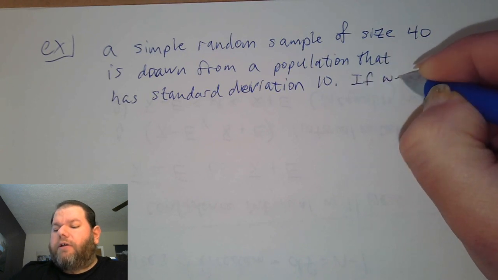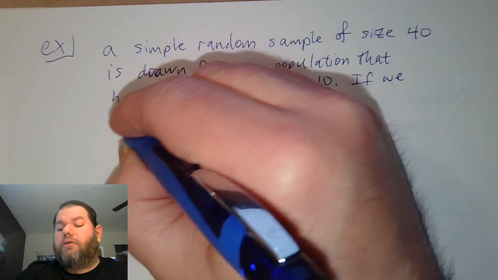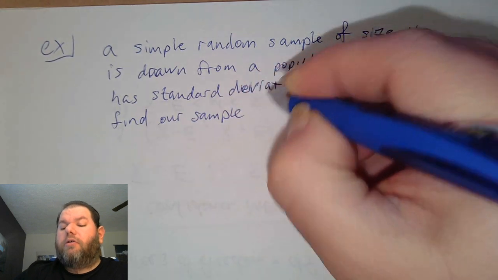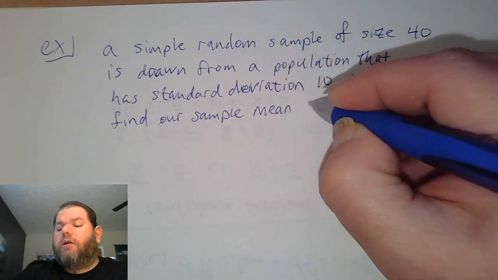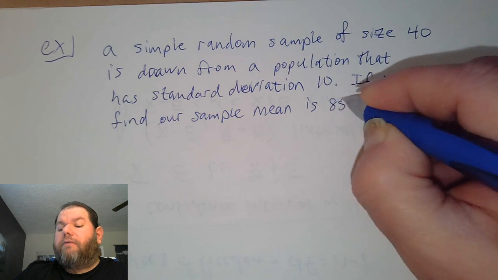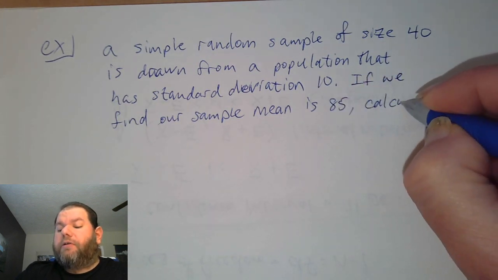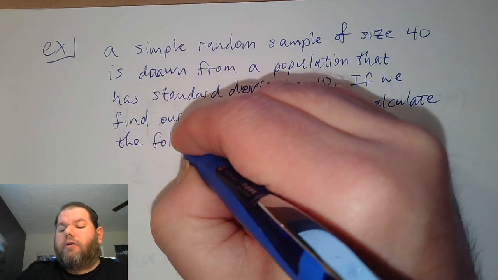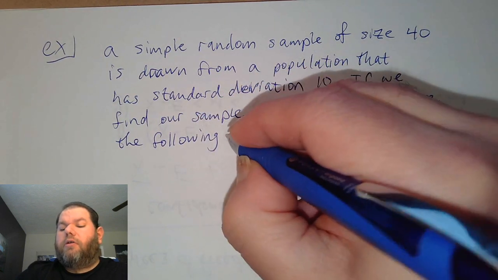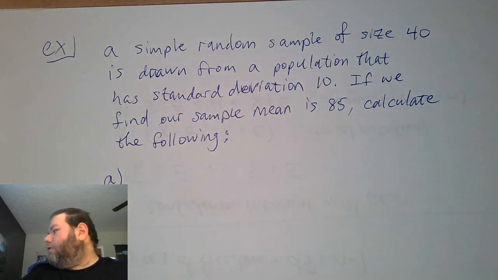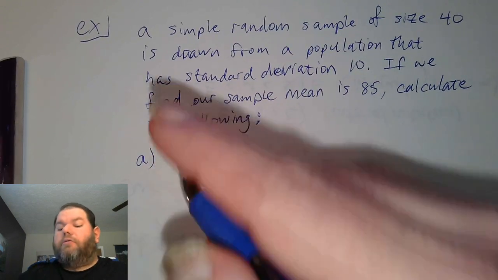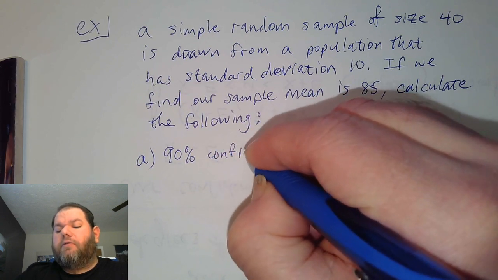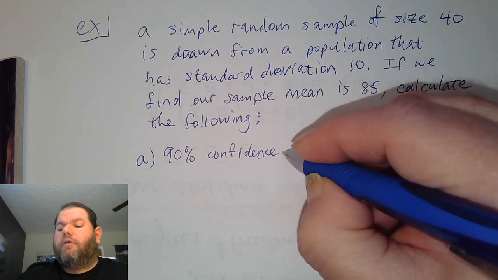If we find our sample mean is 85, calculate the following. A, we want a 90% confidence interval, and we'll start with that.